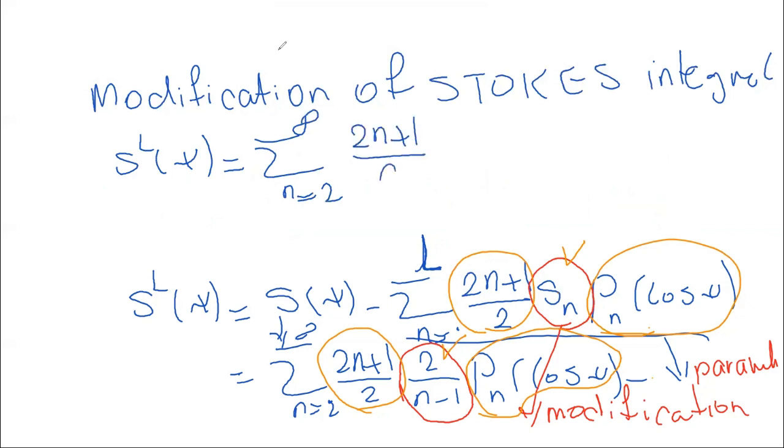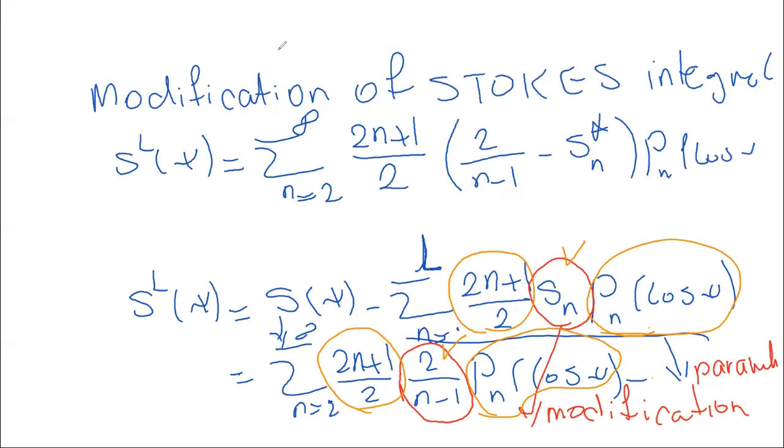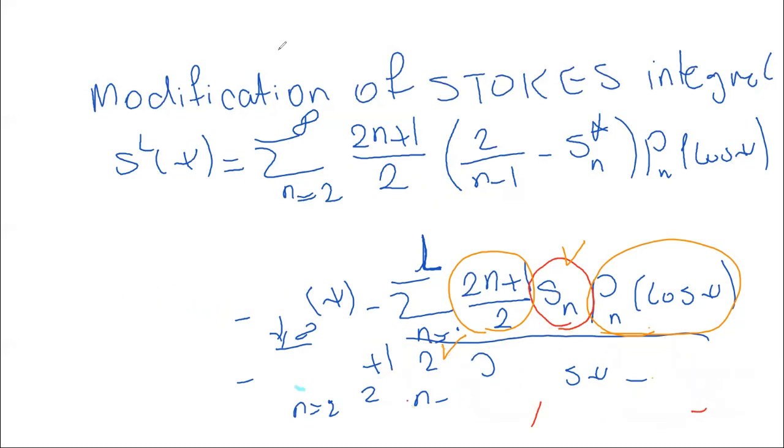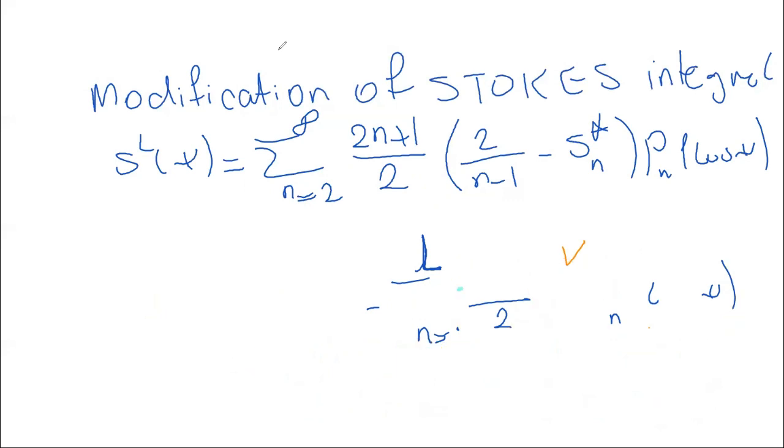related to P_n or any spherical function. We have 2n plus 1 over 2 times the Stokes spectrum minus S_n star, cosine psi. I will say later what S_n star is. Since S_n is limited up to degree L, I wanted to have infinity in my formula.